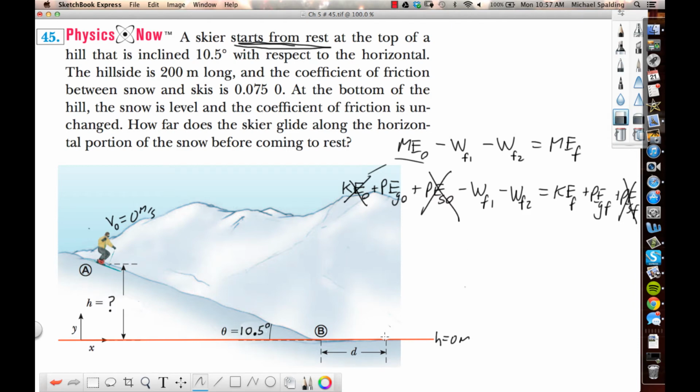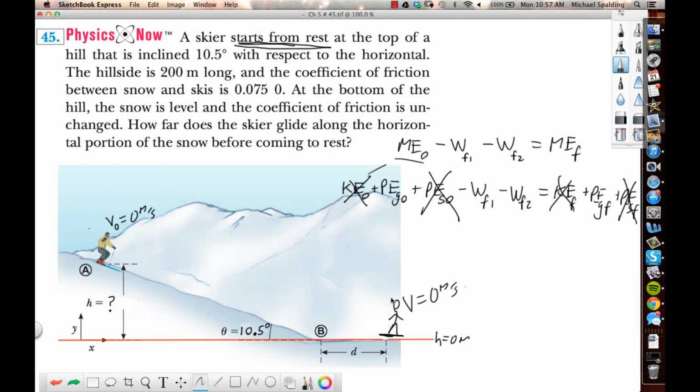When the guy gets to right here, so here he is on his skis, what's his velocity? Zero. So does he end up with kinetic? No. Now look, if you made right here final, would he have kinetic? Yeah, but the problem tells us that he hits the flat part and then slides to rest. So over here is the final, okay?